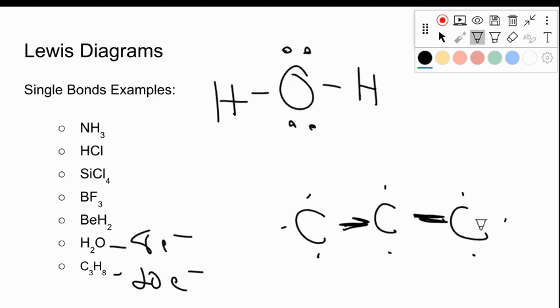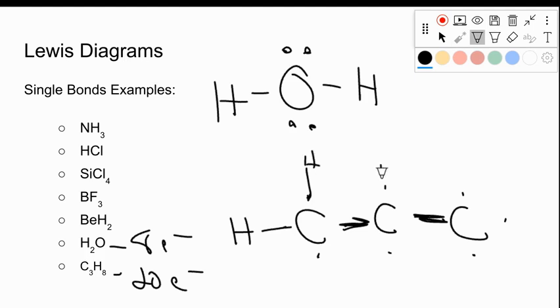So I have my 3 carbons, they've bonded, and I have 1, 2, 3, 4, 5, 6, 7, 8 lonely dots, and I happen to have 8 hydrogens. So each hydrogen's going to come in and share its lonely electron with carbon.